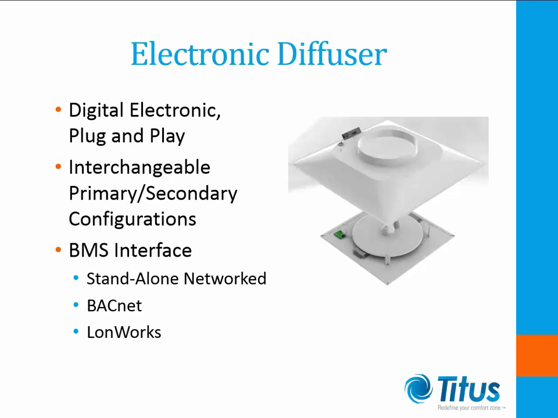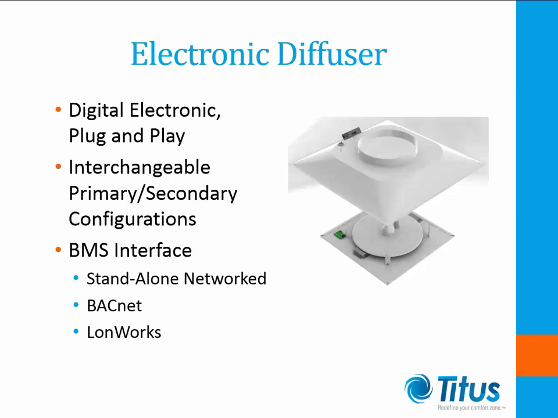The advantages of electronic VAV diffusers are greater occupant comfort due to operator and occupant adjustability, ability to connect to remote temperature sensors, the ability to connect to local systems using primary and secondary configurations, the ability to communicate with building-wide control systems to optimize and economize performance, and the ability to add local reheat when needed.